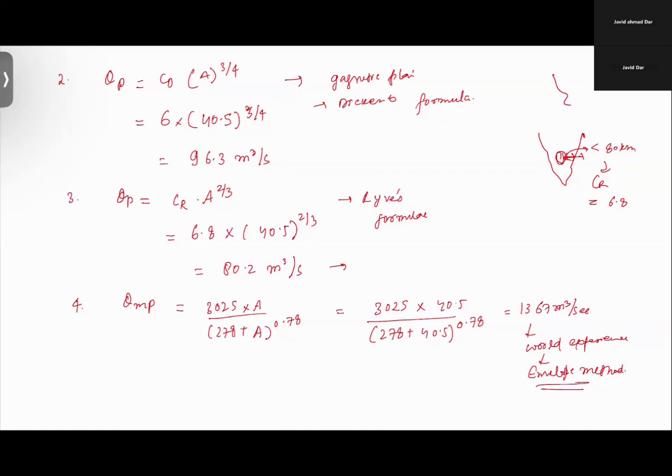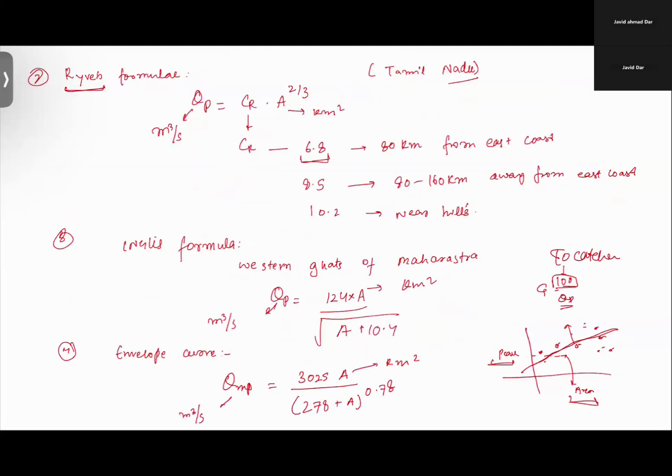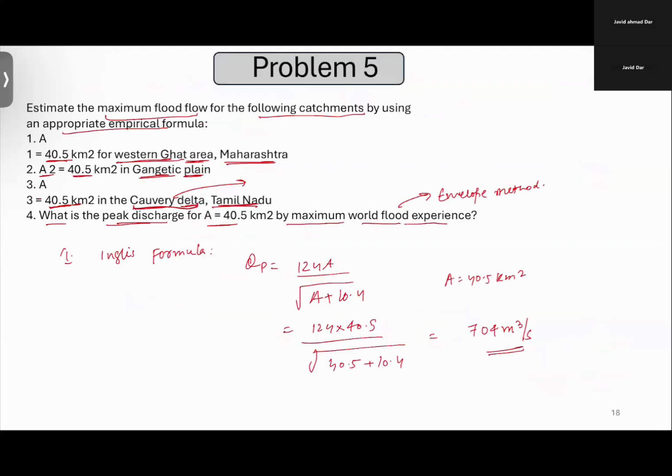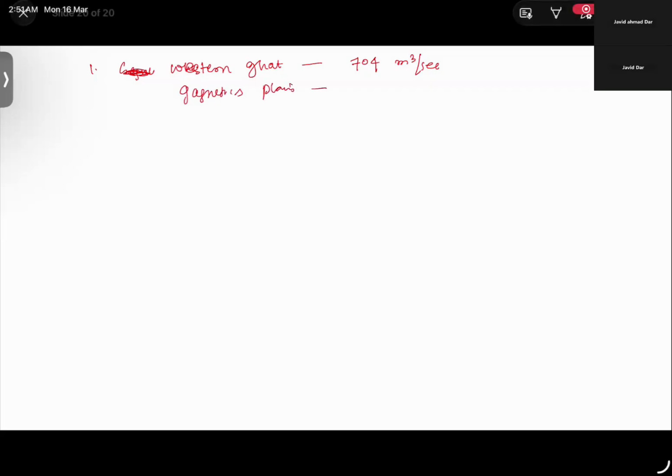Any doubts here? If not, then I can write down the results. The first one was Western Ghats, the value was 704 meter cube per second. Then we had the Gangetic Plains, the value was 96.3 meter cube per second.